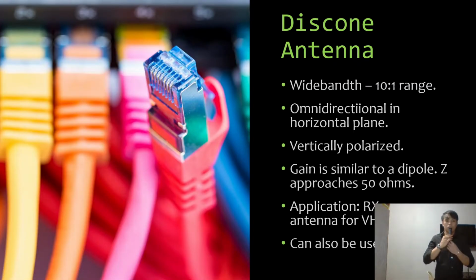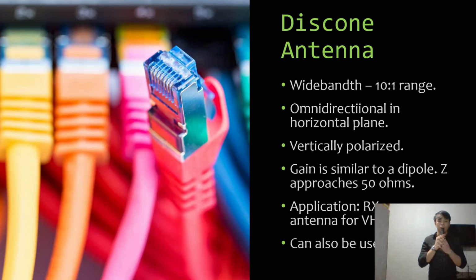So, the cone antenna is wideband, with a 10:1 range. It is omnidirectional in the horizontal plane. It is also vertically polarized.